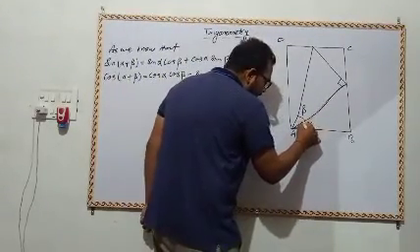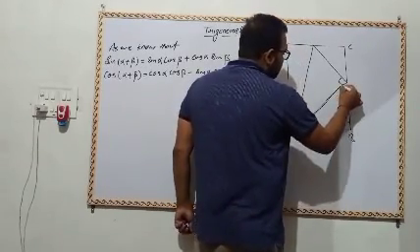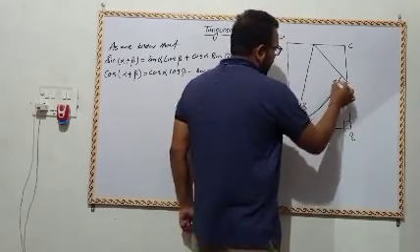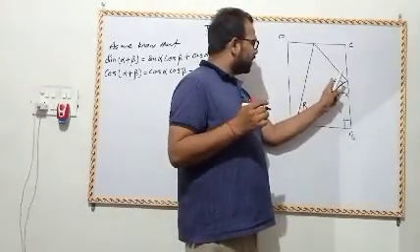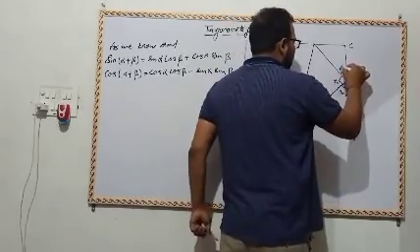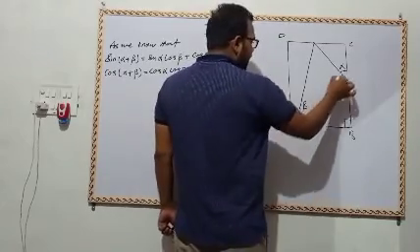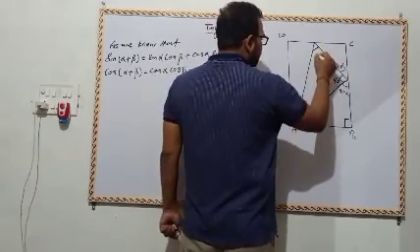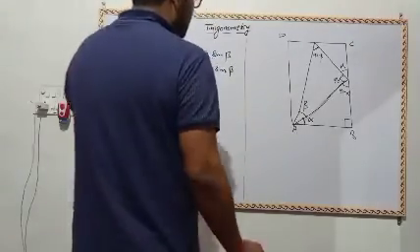Think about if it is alpha, it is 90, it will become 90 minus alpha, it is also 90. So 90 plus 90 minus alpha means 180 minus alpha. Subtracted, it will become alpha. Think about if it is beta, it is 90, and it is 90 minus beta.